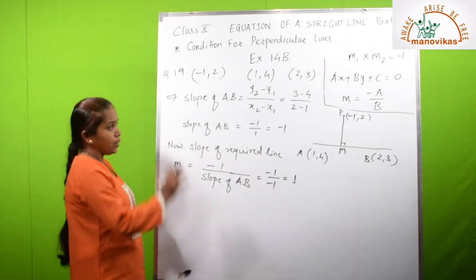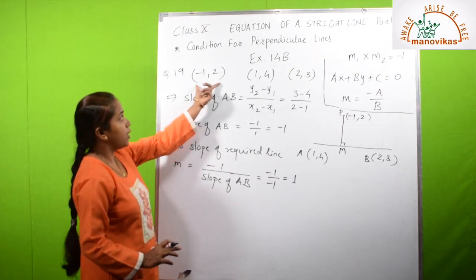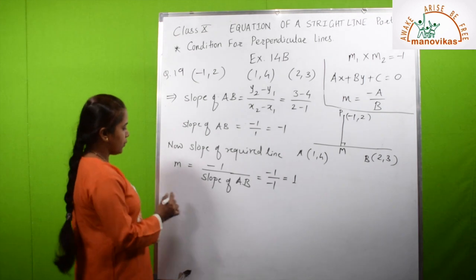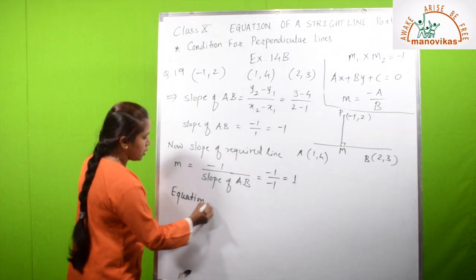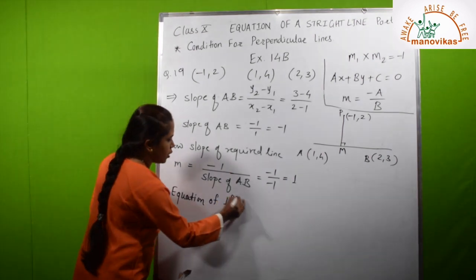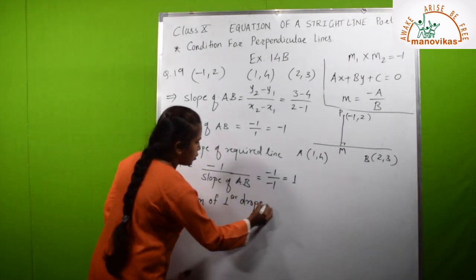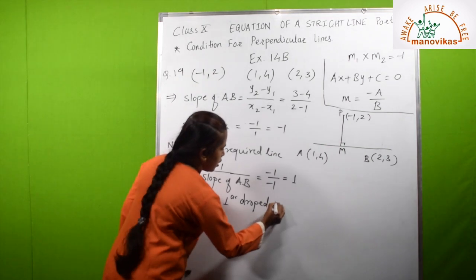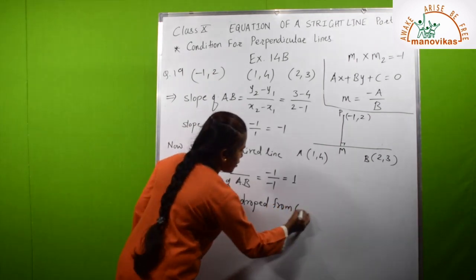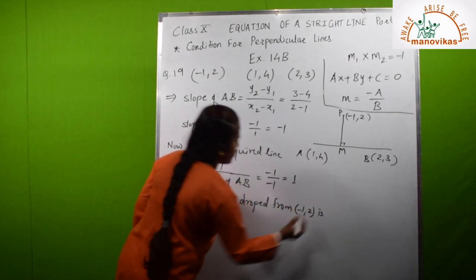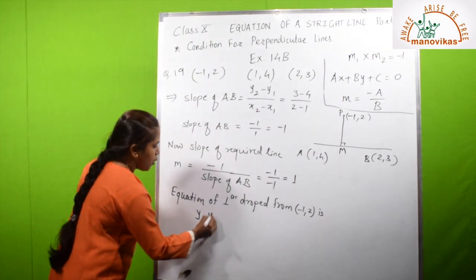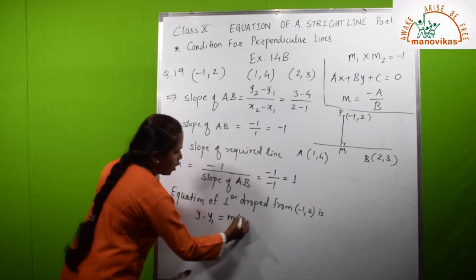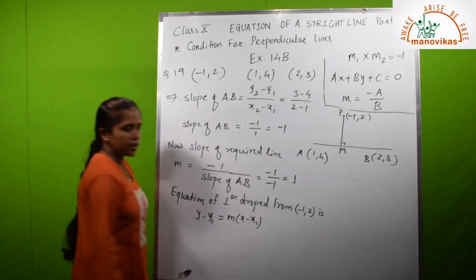Now the perpendicular is dropped from the point (minus 1, 2), so what will be the equation? Again use the same slope-point formula, y minus y1 = m(x minus x1).